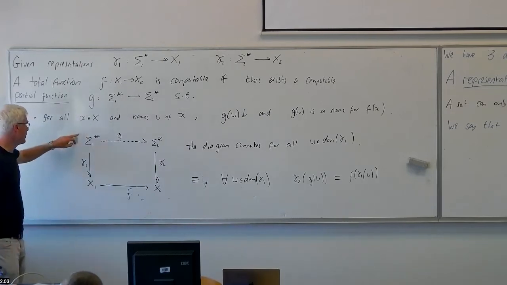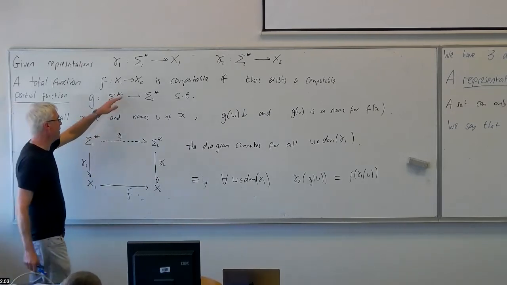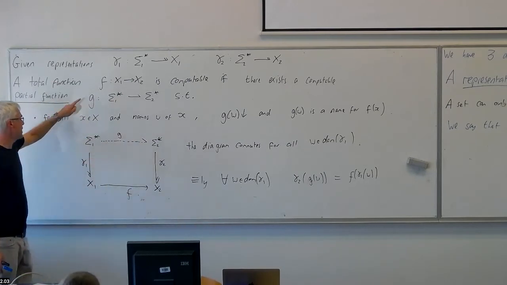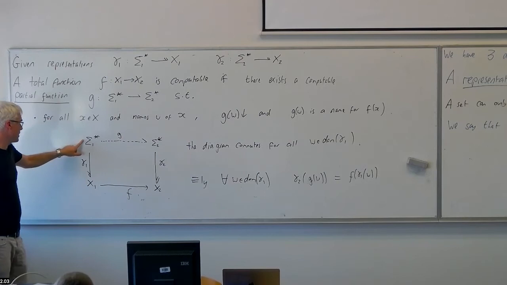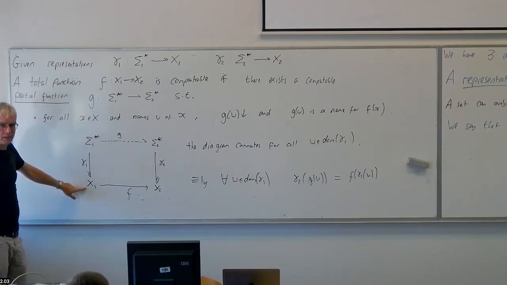So let me tell you that the point is that these requirements here say nothing about what G does for words that are not in the domain of gamma 1, for words over the sigma 1 alphabet that are not names for elements in the set X1.